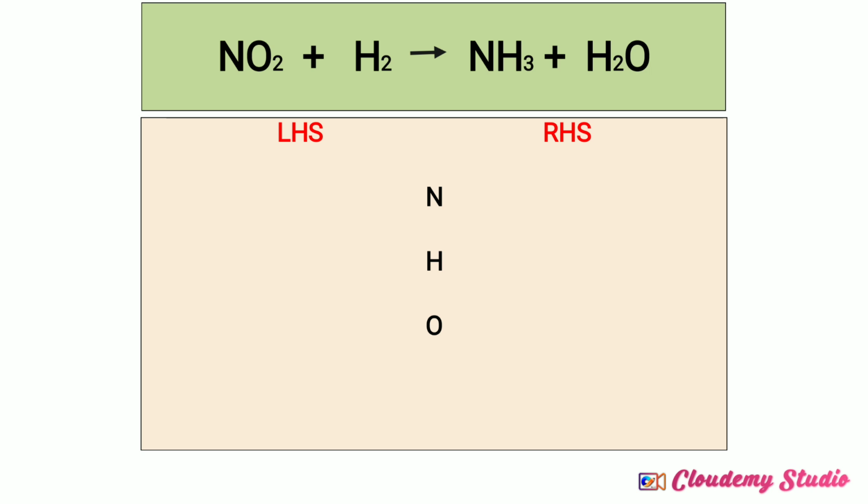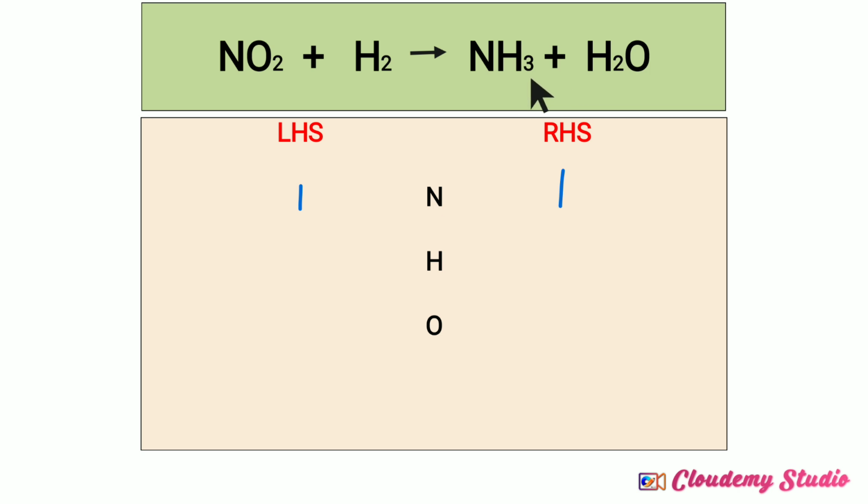So first, the nitrogen atom on the left hand side, how many atoms are there? One atom in nitrogen dioxide. Right hand side also nitrogen one time. So we can list nitrogen at the left hand side one, right hand side also one. Hydrogen at the left hand side two times, but on the right hand side hydrogen is present at two different places.